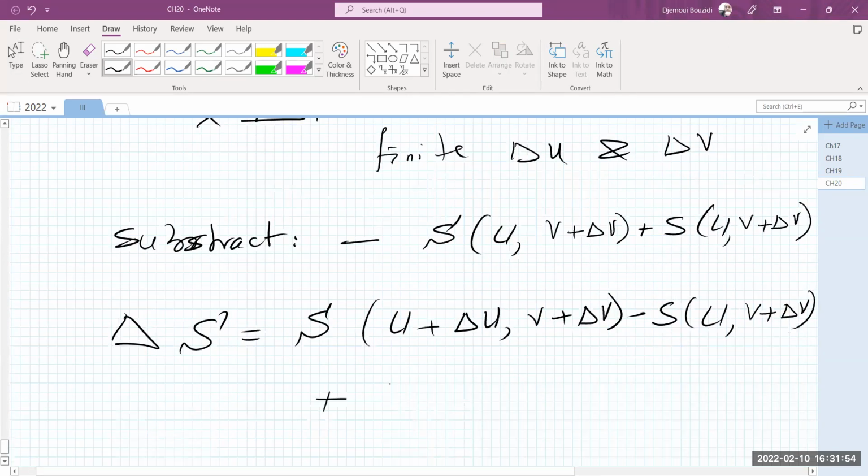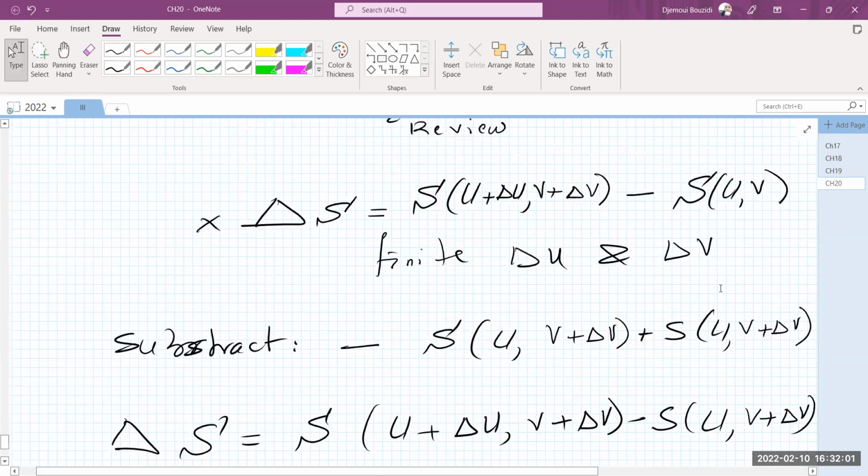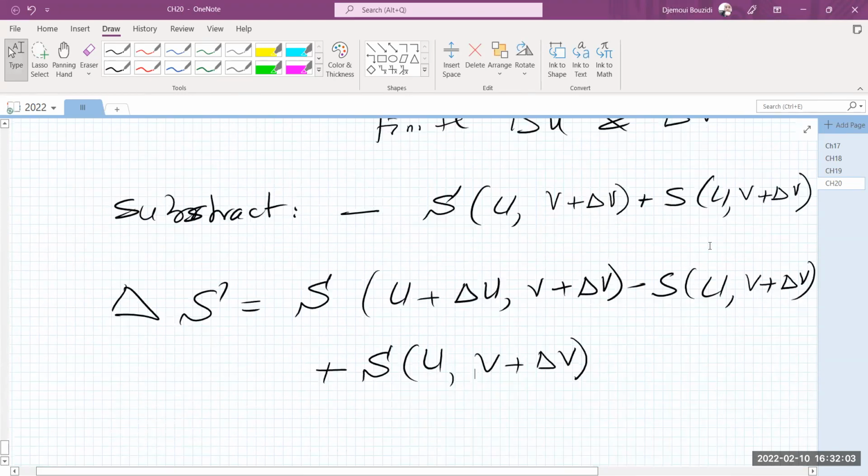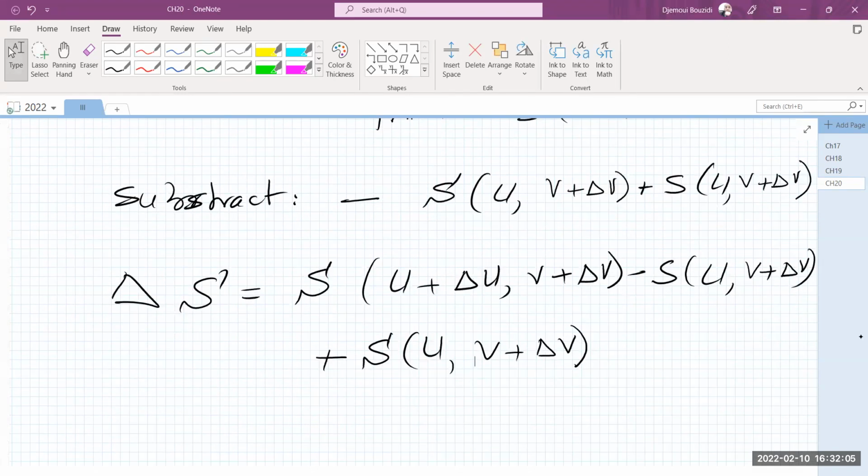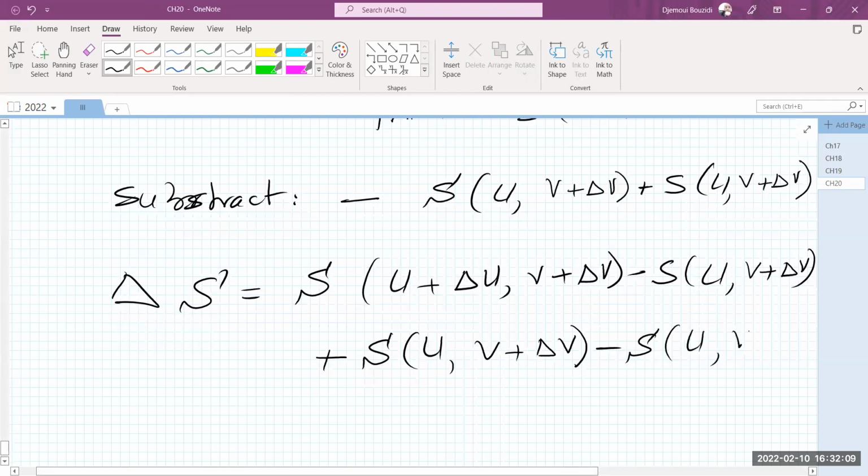So I'm going to add S evaluated at U and V plus delta V. And don't forget, I have to subtract this last number in here, which is S evaluated at U and V. Any objections on this last value of delta S?